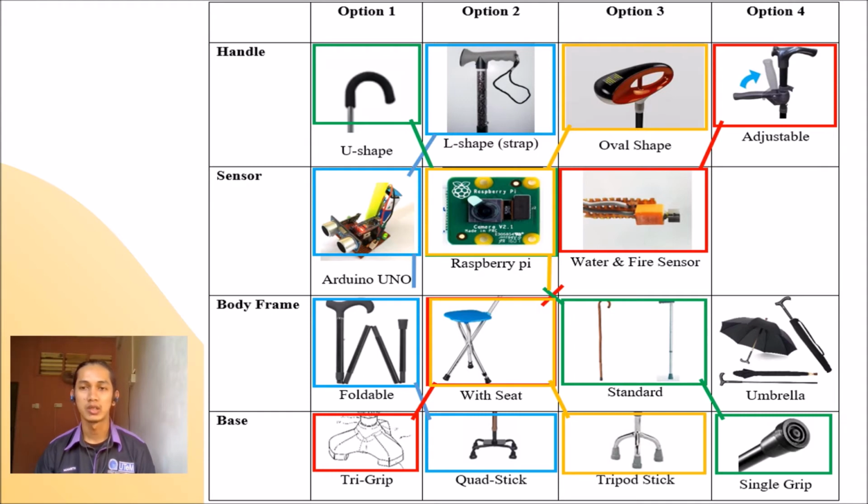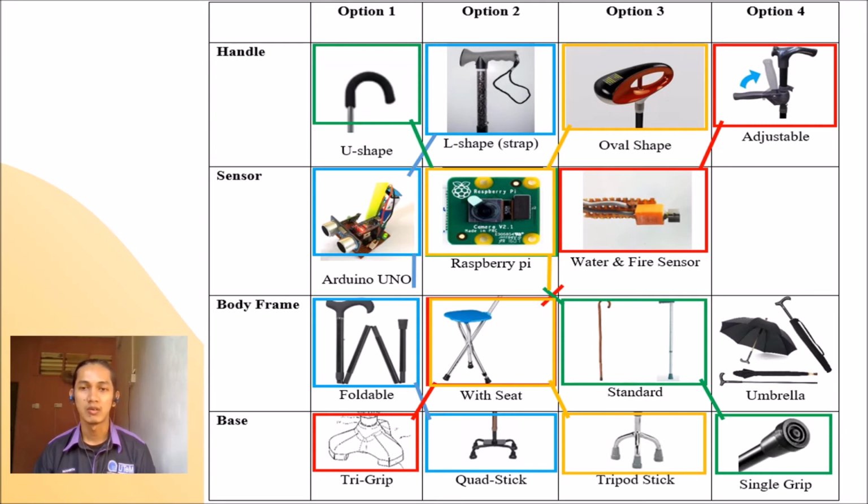There are 4 criteria of the product, which are the handle, sensor, body frame, and base. Every criterion has 3 or 4 options. For handle, there are 4 options, which are U shape, L shape, oval shape, and adjustable.